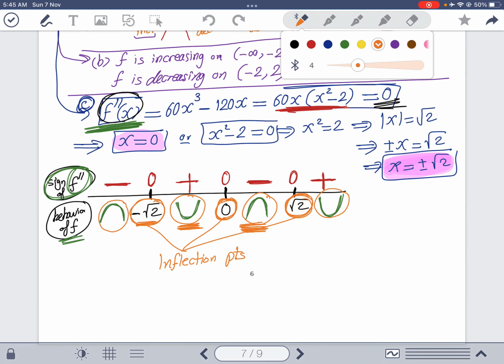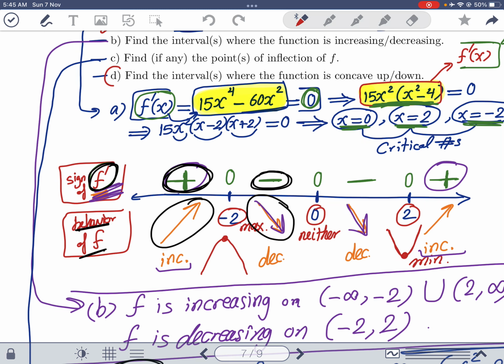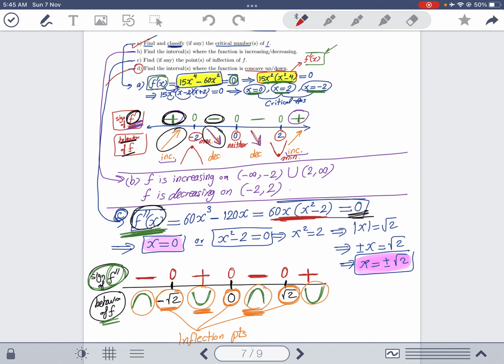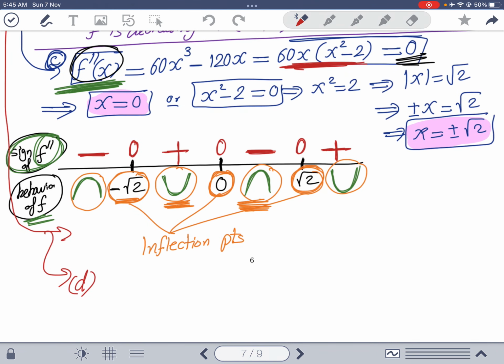Perfect. And so the last one now is part D. Find the intervals where the function is concave up or down. That's very simple. So now we do part D. We'll do it here. So part D, you will say f is concave up on, and f is concave down on, and we write the intervals now.